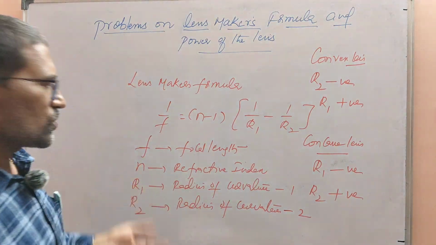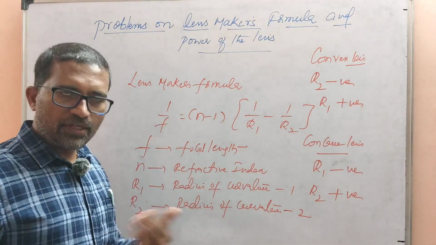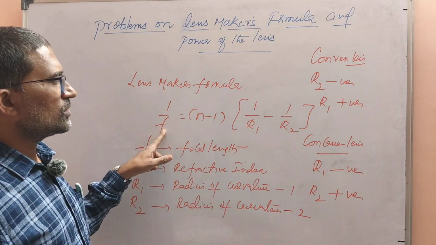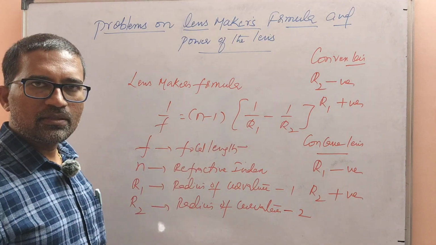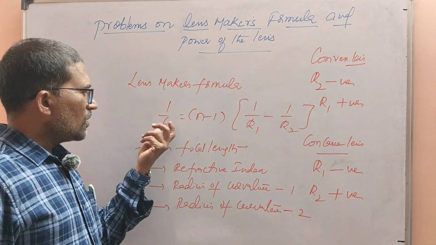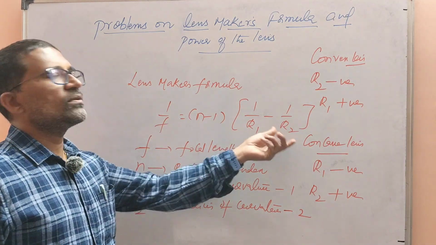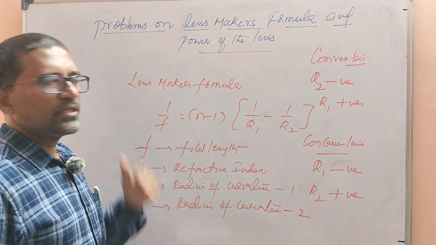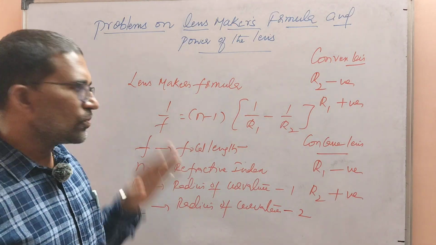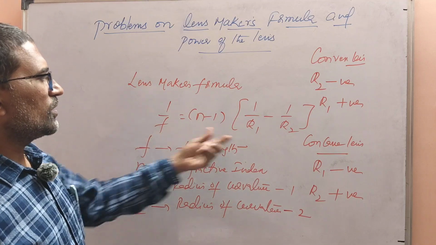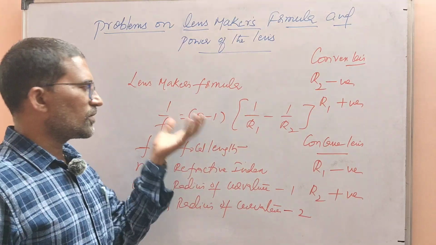As usual, sometimes the focal length has to be found out and the other values will be given. Sometimes the focal length will be given, R1 will be given, and you have to find out R2, and the refractive index will be given. If you are finding the focal length, then you have to substitute the values of R1, R2 and the refractive index.